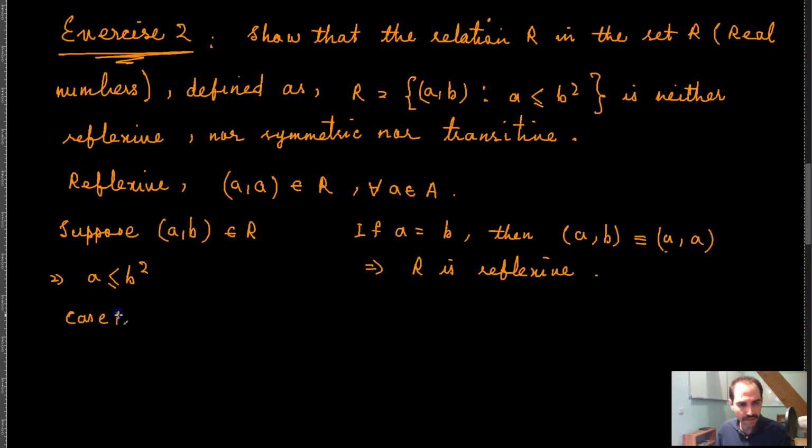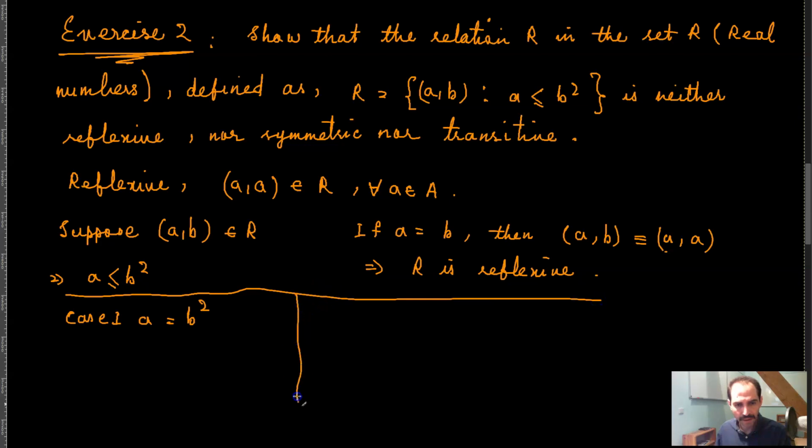Case 1 means that A is equal to B squared, and case 2 is that A is less than B squared.